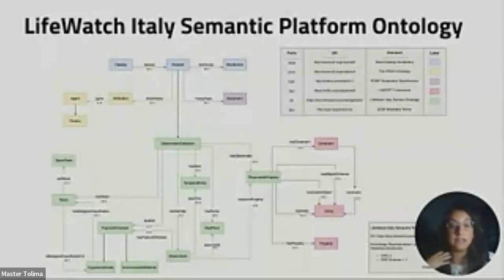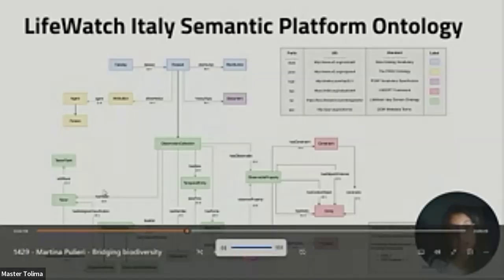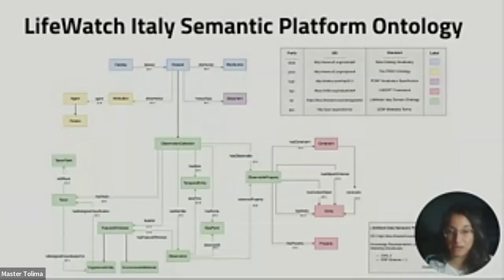This is the LifeWatch Italy semantic platform ontology, which is an ontology that we have developed inside LifeWatch. And as you see here in the green part, there is the domain ontology, which takes some classes from the SOSA, and we have aligned our classes with the SOSA ones.